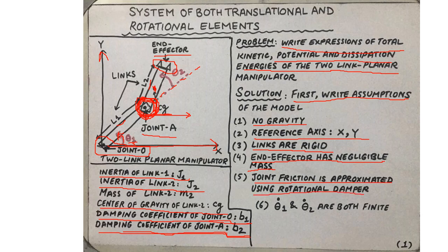The corresponding damping coefficients are taken as B1 and B2. And last but not least, we shall assume that the angular velocities at both the joints, meaning the angular velocities of link 1 and link 2, are both finite. This condition is required to avoid the singularity situation, of which you will learn more details in your next semester course on robotics.